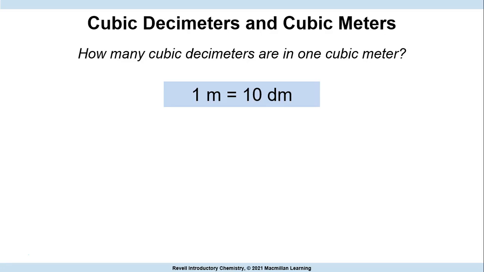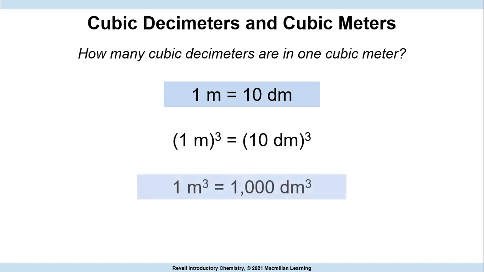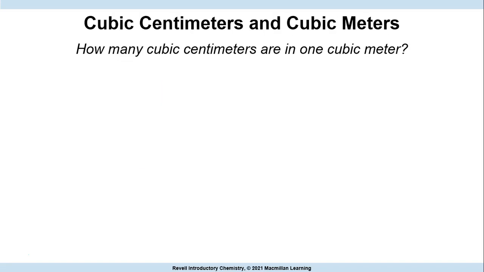Now we are moving from 1 cubic meter to cubic decimeters. Whatever we do, if we cube the meters, we are also going to cube the decimeters. So we are cubing 1 meter, and we are also cubing 10 decimeters. So 1 cubic meter is equivalent to 1000 cubic decimeters.